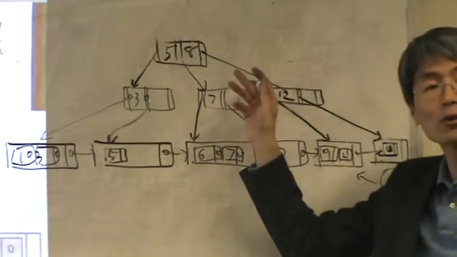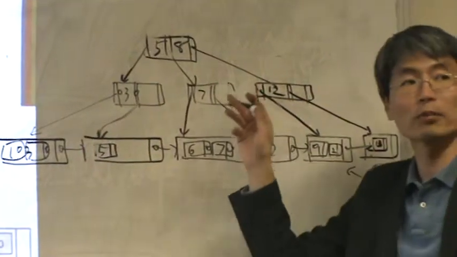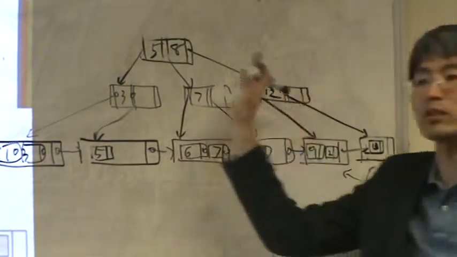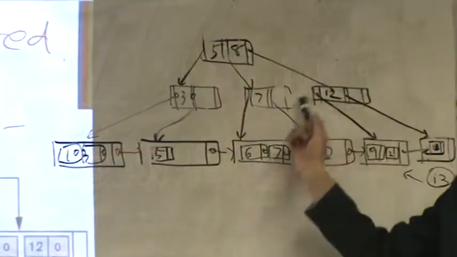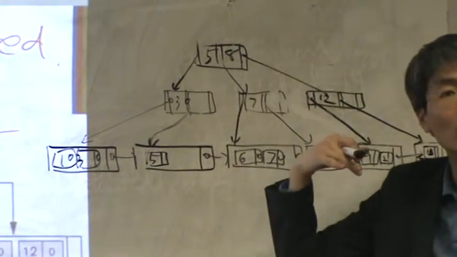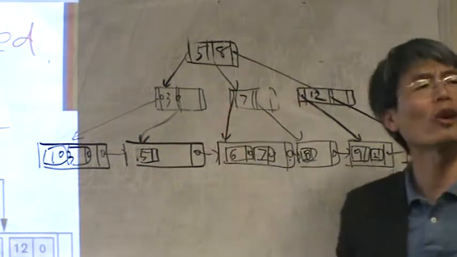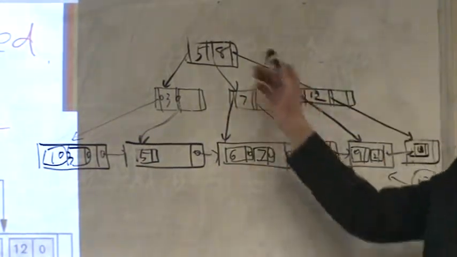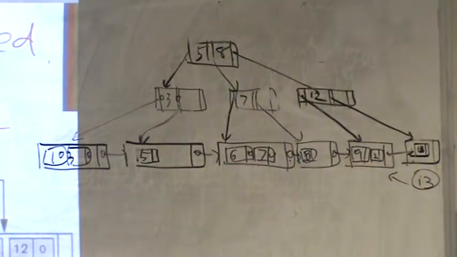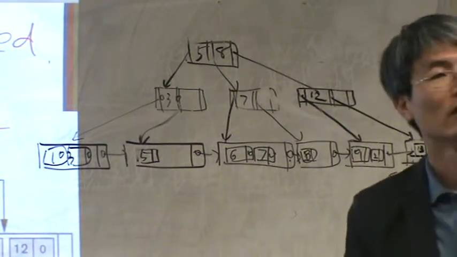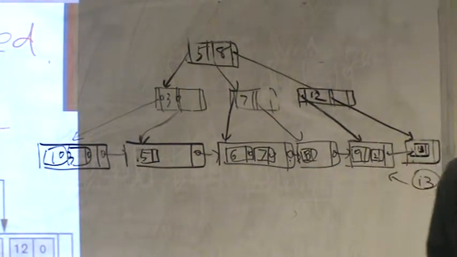Somebody may be confused because 8 is not here, because it's a B plus tree. Internally we follow the B tree index. This does not have any data pointer, so we just follow the B tree index structure. It's done.